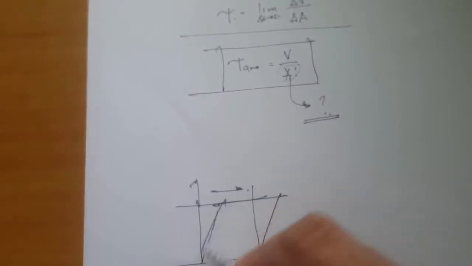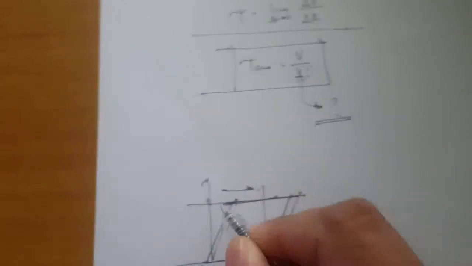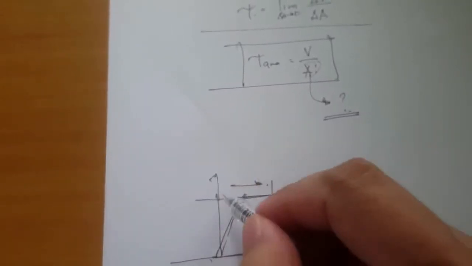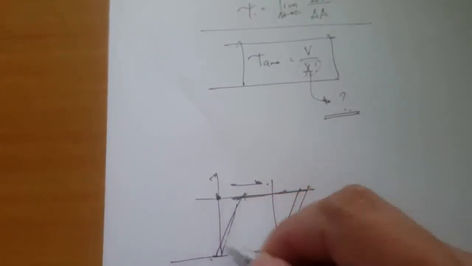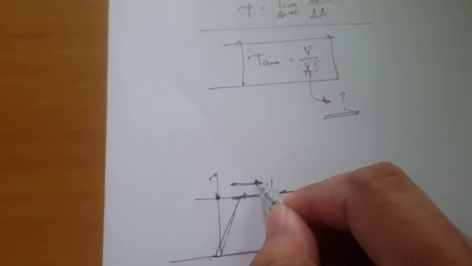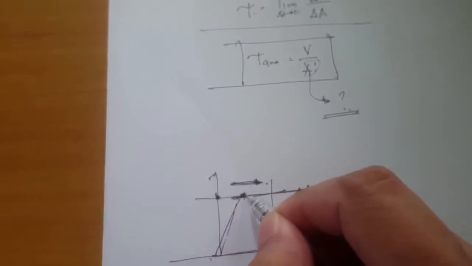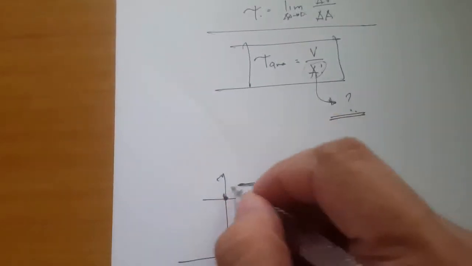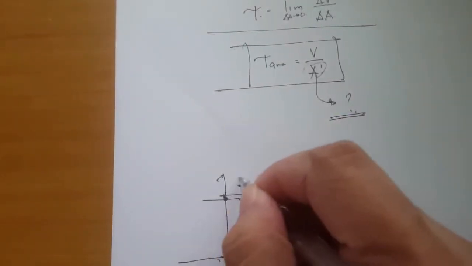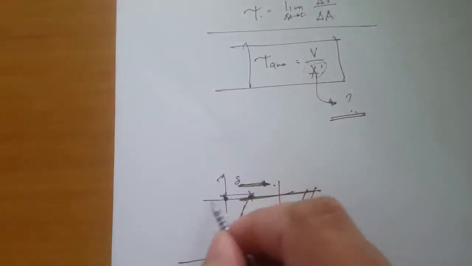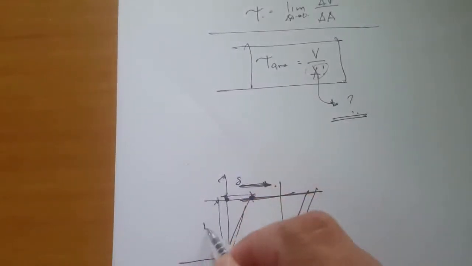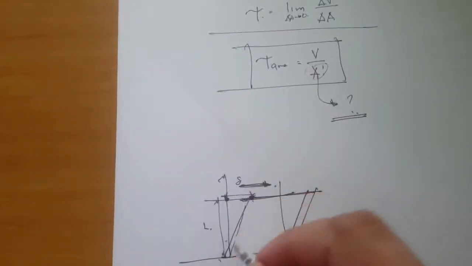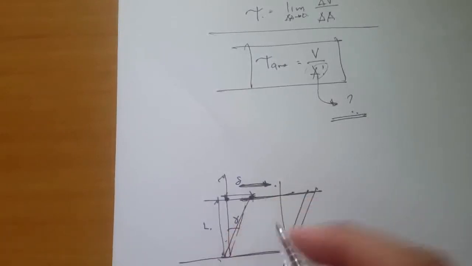The original position is right here, but because of the shear force, it moves to this point. That means we have a deflection right here. Let's say this is our original length, and the angle is what we call the shearing angle, that's gamma.